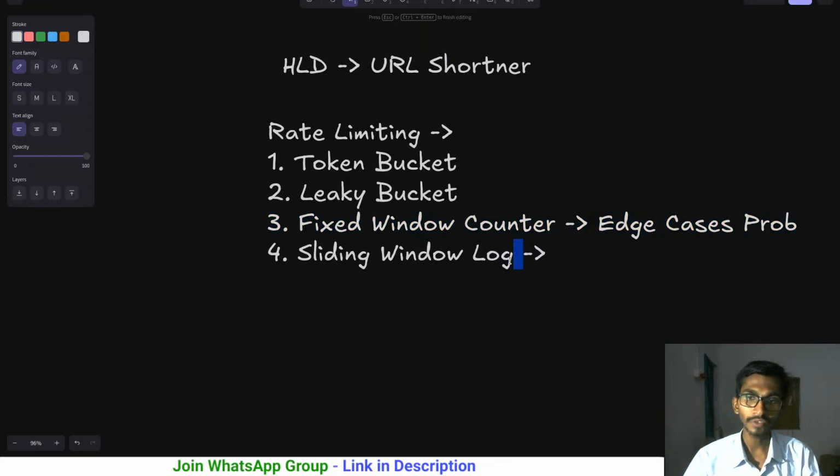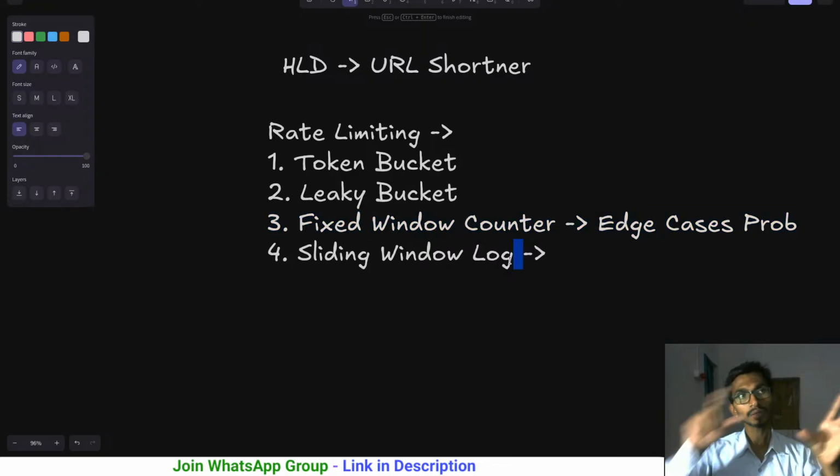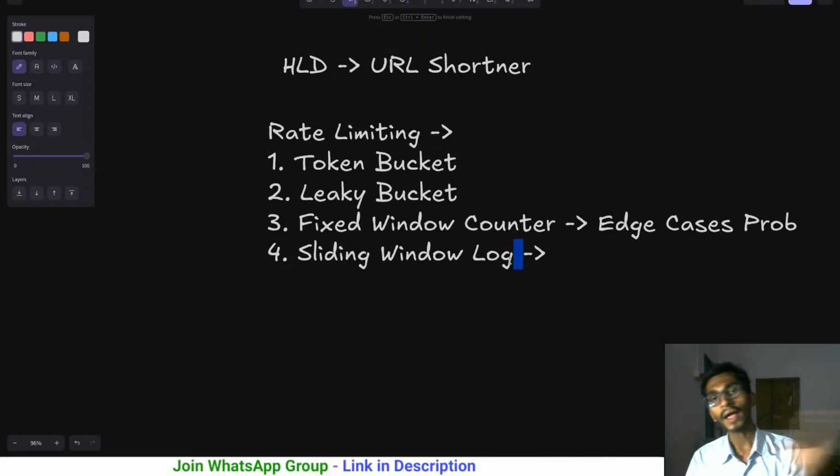When it comes to the sliding window log, your 1 minute window keeps sliding, and that is why it is called sliding window log. As you get a request, you check the requests from 1 minute before, 1 minute ago. Suppose at this particular time you got a request, you check 1 minute back, how many requests you got.